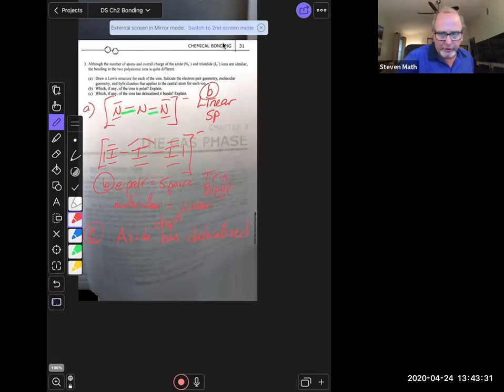All pi bonds are going to be delocalized because they're not centered around the axis of the atom. They're centered perpendicular to the atom. That's what makes them delocalized bonds. Azide has delocalized pi bond as part of the double bond formed.